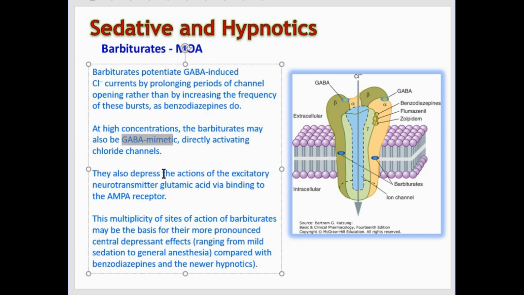In addition, they also block the AMPA receptor, where glutamate binds. So at lower concentration, they increase chloride conductance, and at higher concentration they act like GABA and also depress excitatory neurotransmission by blocking the AMPA receptor.